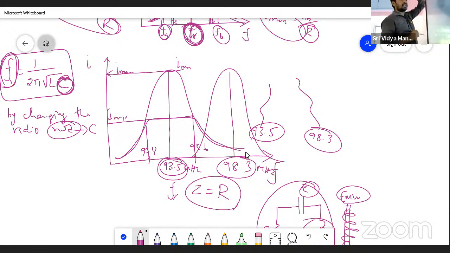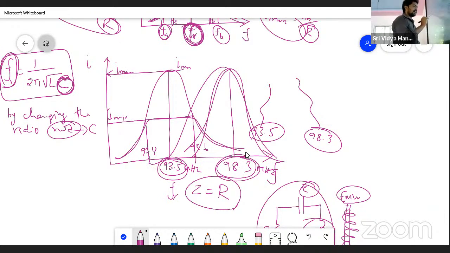The radio station signal is received under the resonance condition of 98.3. At the same time, the 93.5 signal is also received.